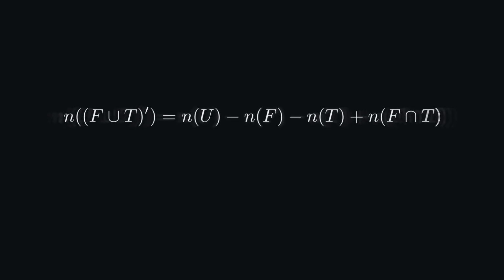This method gives us the same answer directly. This line says n((F∪T) complement) equals n(U) minus n(F) minus n(T) plus n(F∩T) equals 31 minus 16 minus 12 plus 5.